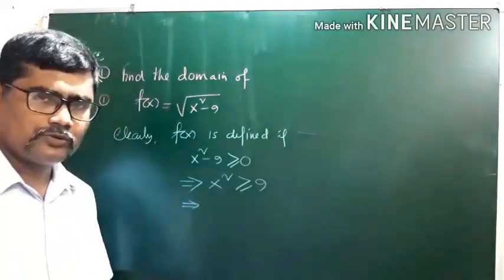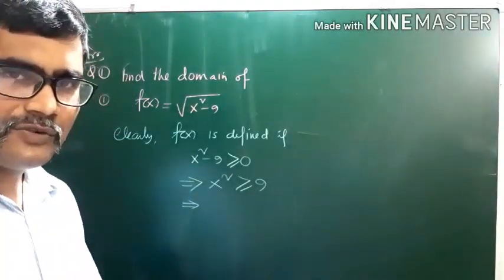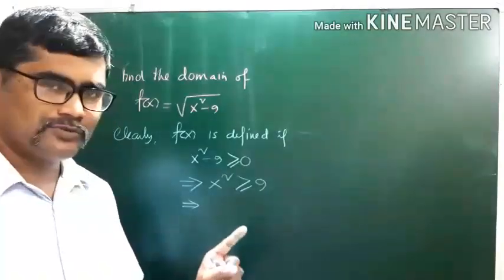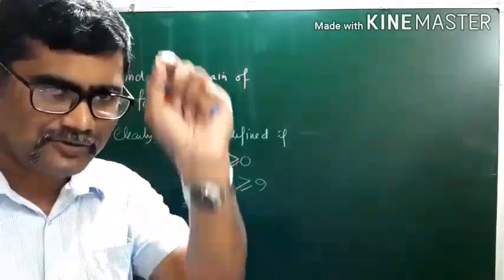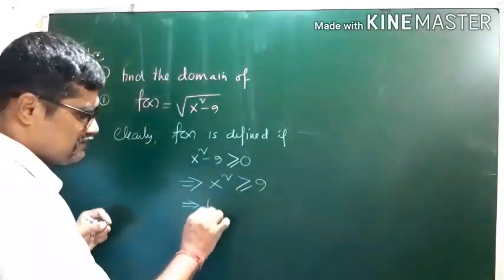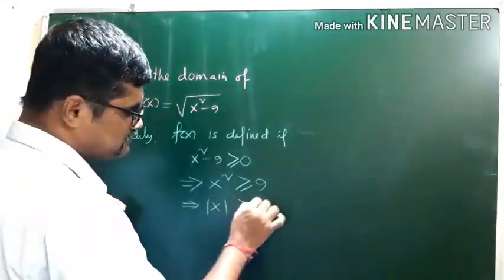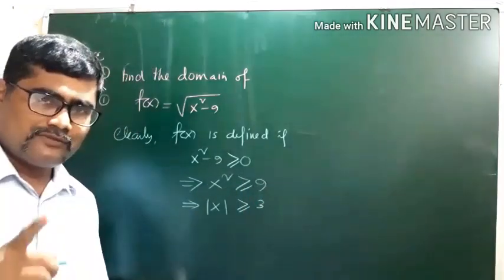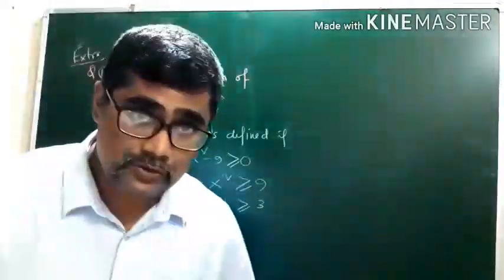Again, I'd like to remind you, do not do the foolishness of taking the square root like x greater than or equal to plus or minus 3. Again, you will be wrong. That was for less than, this is for greater than. If you take the square root, the modulus of x will this time be greater than or equal to 3.